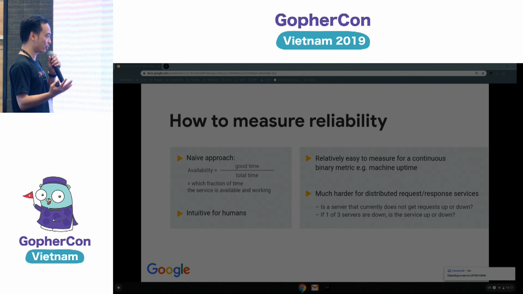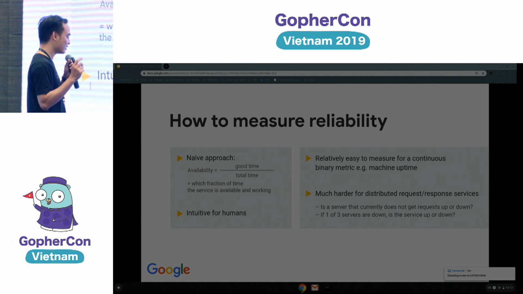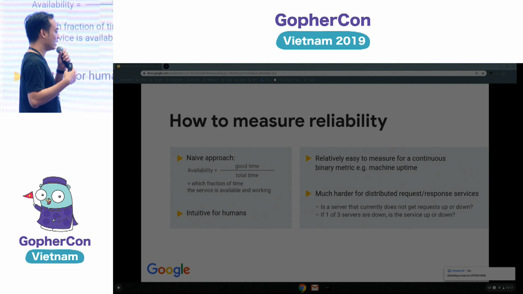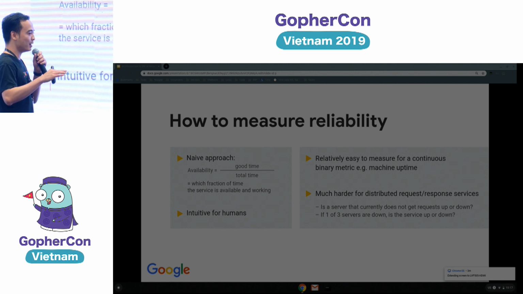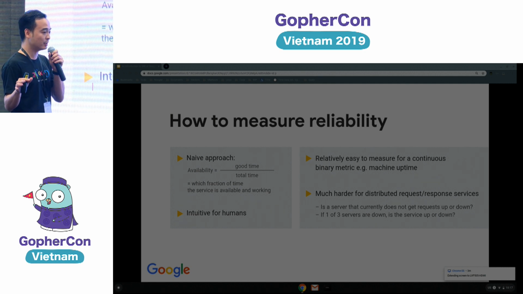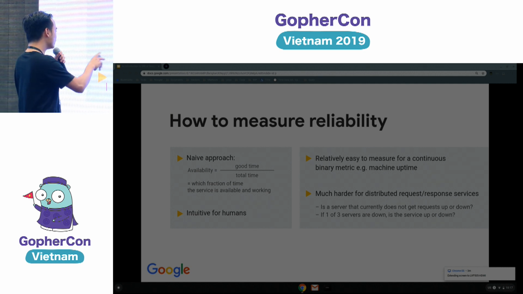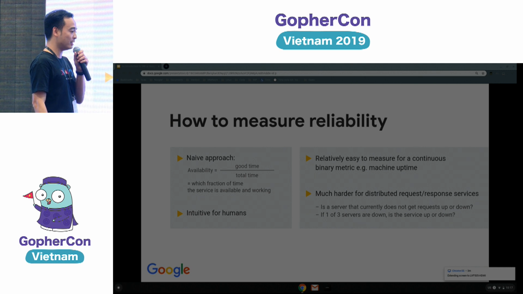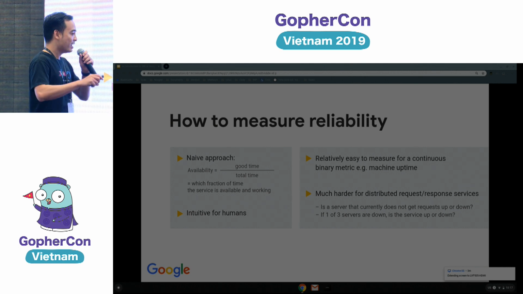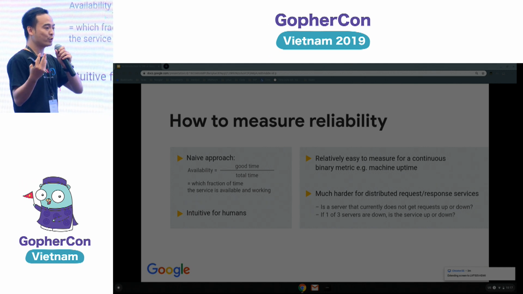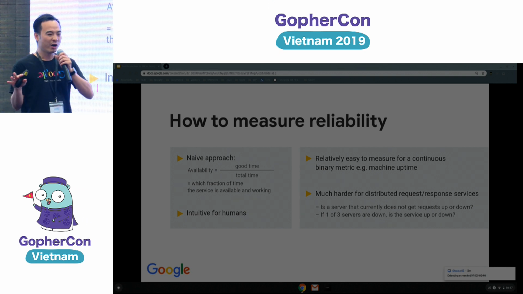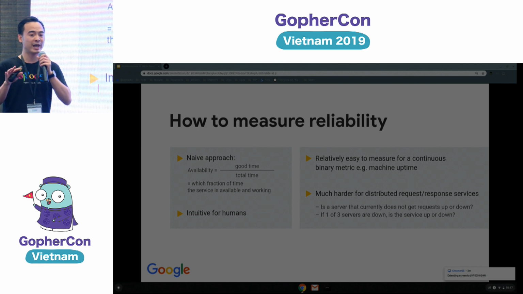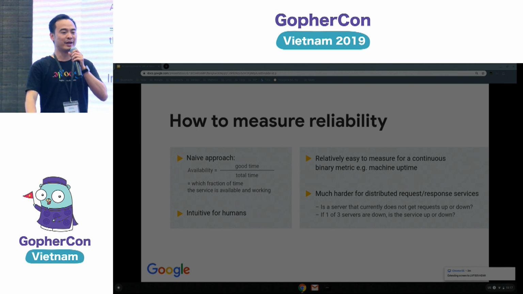However, it has a lot of drawbacks. For example, it's very hard to represent some distributed or complicated services. How do you tell if a server is good or bad if some requests are accepted, but other requests are rejected? Or you have a service with 10 servers, and 5 of them are down.